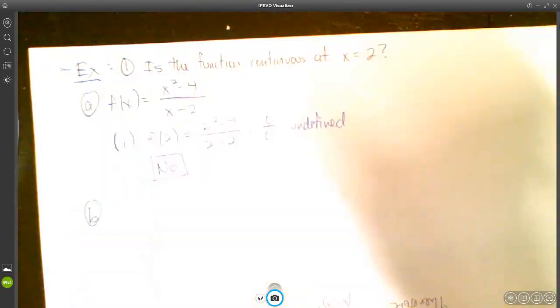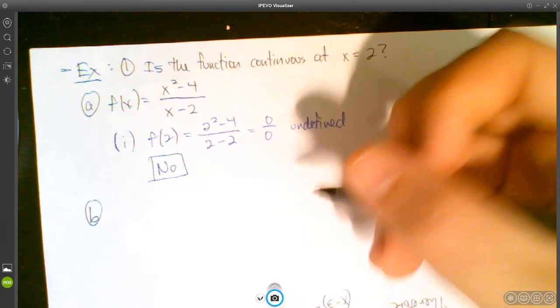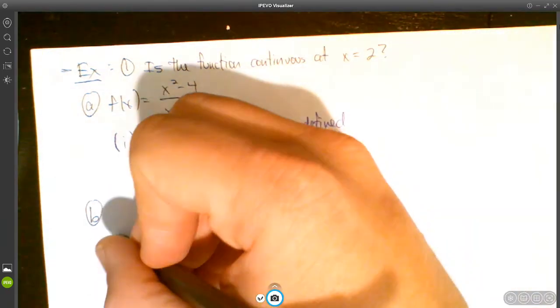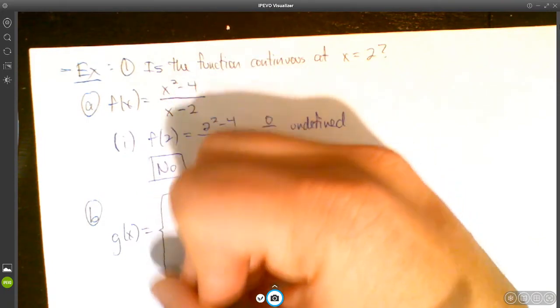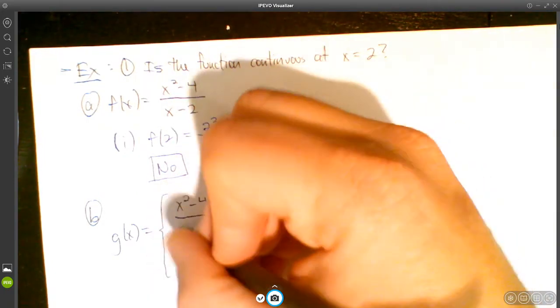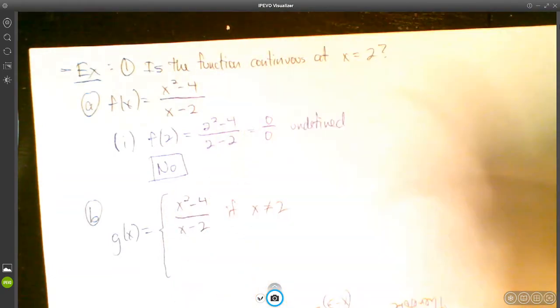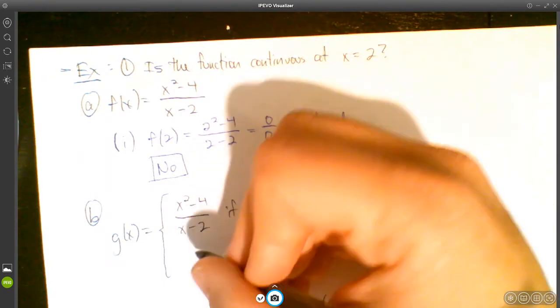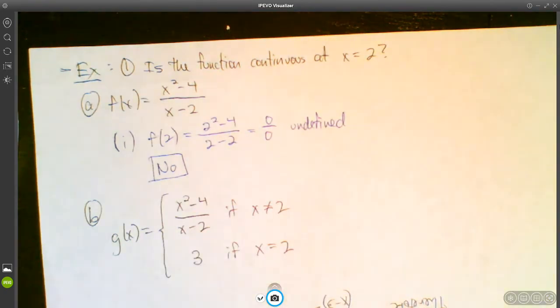Okay? Well, let's see if we can fix it up a little bit. So let's let g of x be this piecewise function, x squared minus 4 over x minus 2 if x is not equal to 2, and then 3 if x does equal 2.